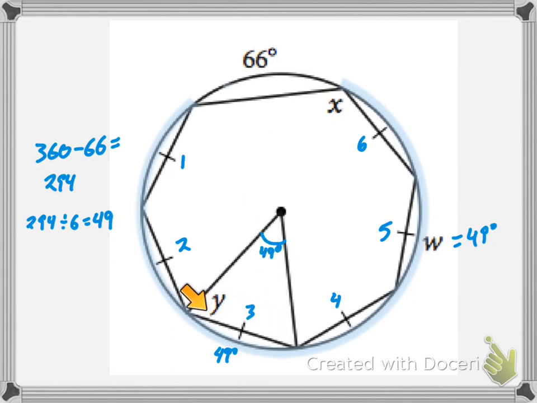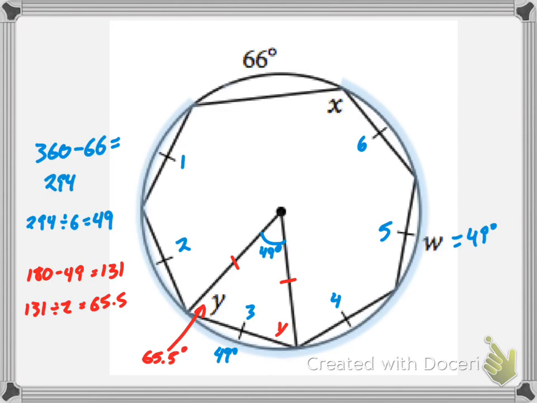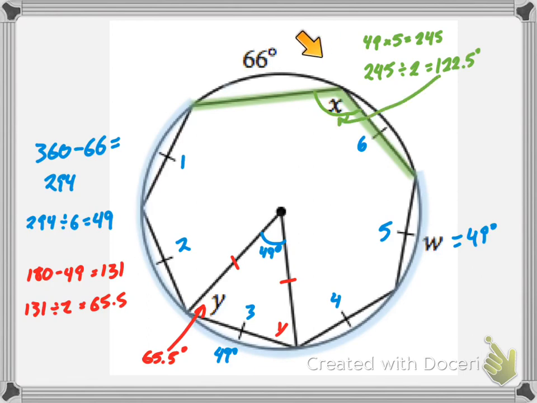So we need to now find angle Y, but this is just like the last problem we just looked at. We have an isosceles triangle. So this angle Y has to be 65.5 degrees. This leaves us with this crazy angle up here, angle X. But remember, an inscribed angle with its vertex on the circle equals half its intercepted arc.